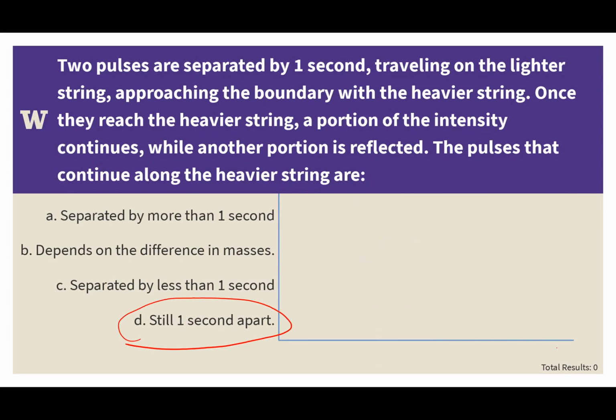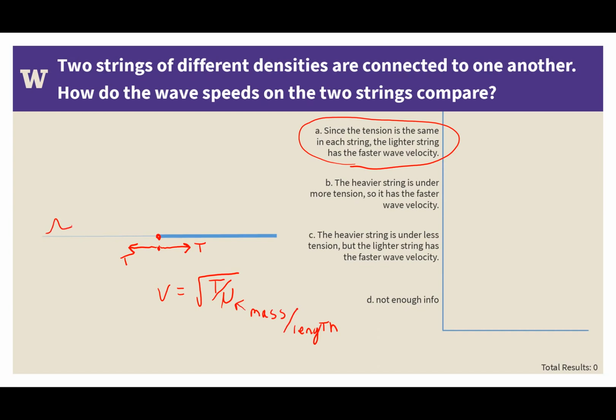Now, if I imagine I have that boundary and two waves are approaching, separated by a certain amount of distance, it's really interesting to talk about what happens when they transition onto the next string. So after they've transitioned, right, they're still going to be the same time apart.